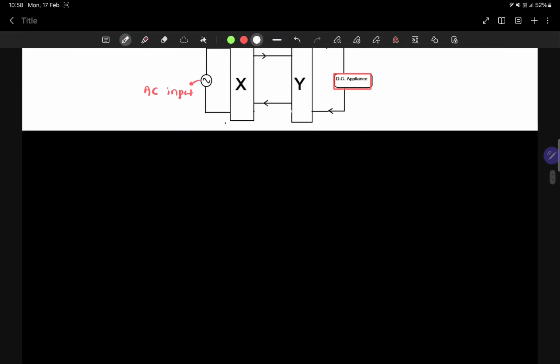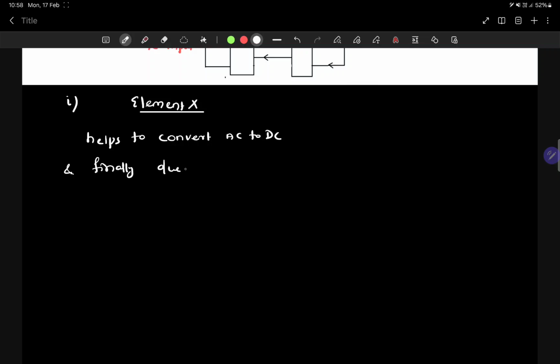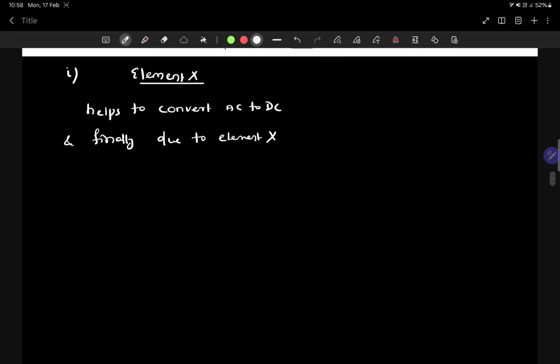So regarding element X, what we have to write? We have to write: element X helps to convert AC to DC, and finally due to element X, a DC appliance is used.